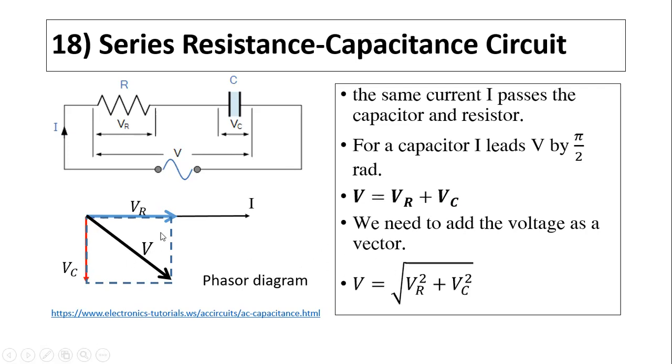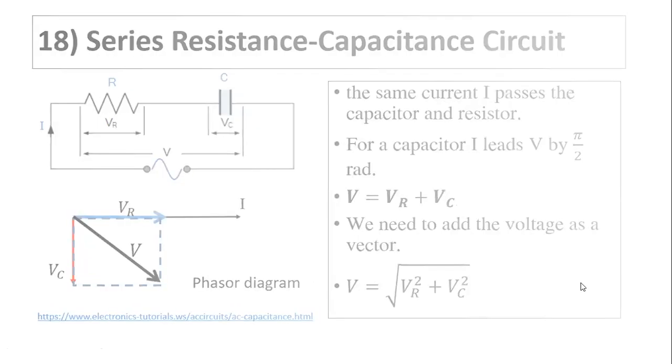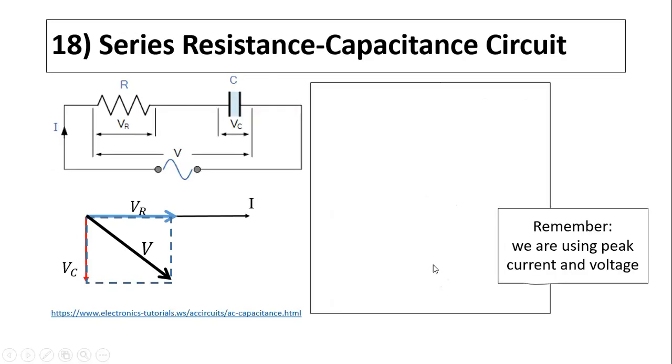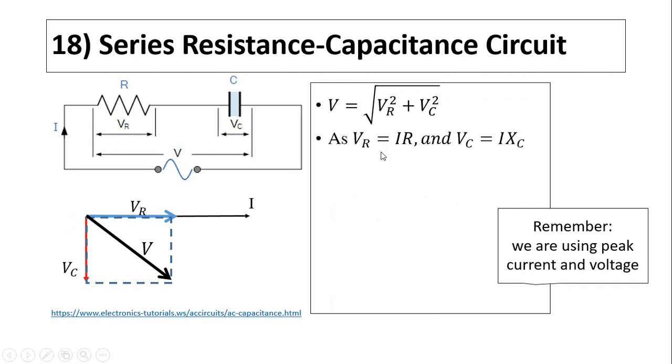Okay, so that is your VC here. So to find your V, it's just VR squared plus VC squared, the formula. Just to remind you, we are using peak value, peak current, peak voltage. So we replace our VR with IR, VC with I XC.